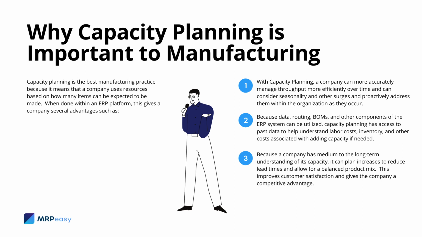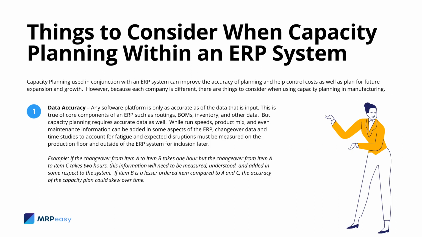This improves customer satisfaction and gives the company a competitive advantage. Capacity planning, used in conjunction with an ERP system, can improve the accuracy of planning and help control costs, as well as plan for future expansion and growth.